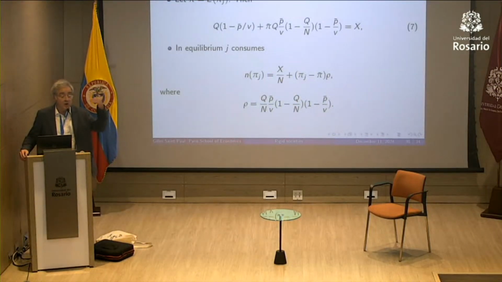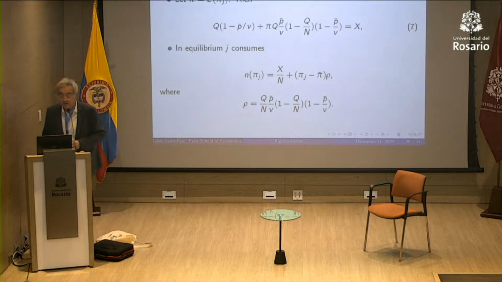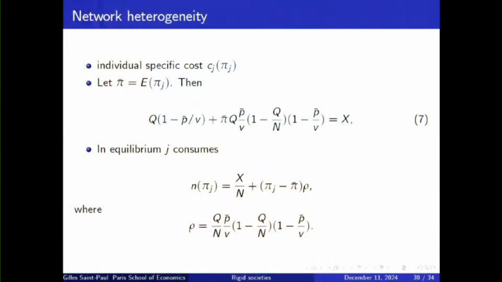Some people have a lower cost to access the social network. So we have to recompute somehow the equilibrium value of Q, and then people, contrary to the preceding situation, different people consume different ranges of goods, because now people who have a better access to social networks consume more goods than those who have a lower access to social networks.